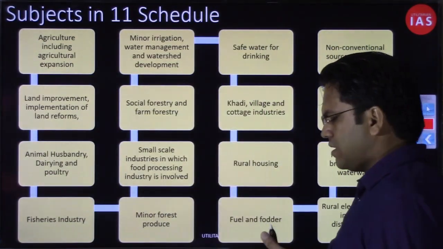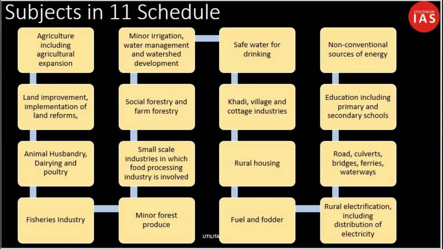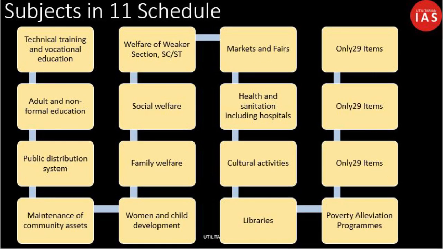From the exam perspective, remembering all 29 items is not necessary; one or two glances over them would suffice. You will have this PDF or PPT, so you can have these. So these are the 29 items, right? Family welfare, public distribution system, right? All these things you have.